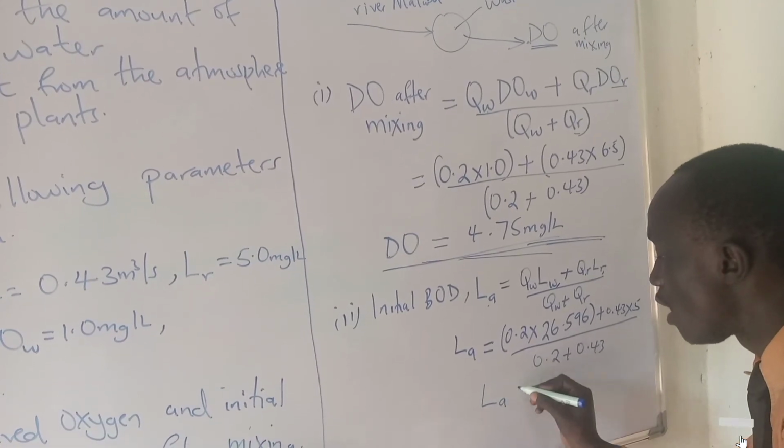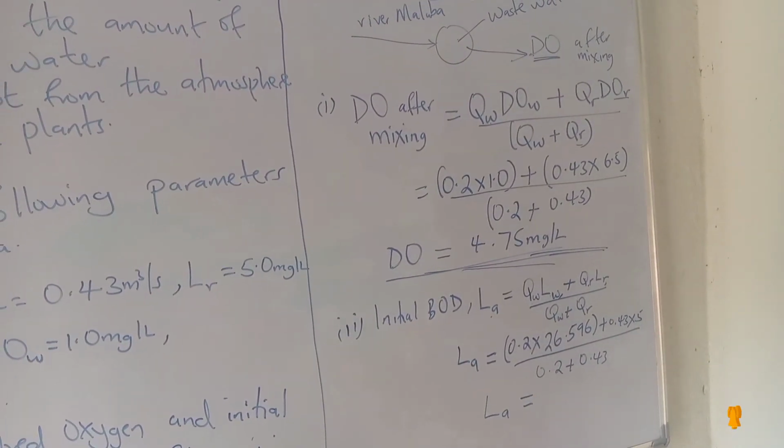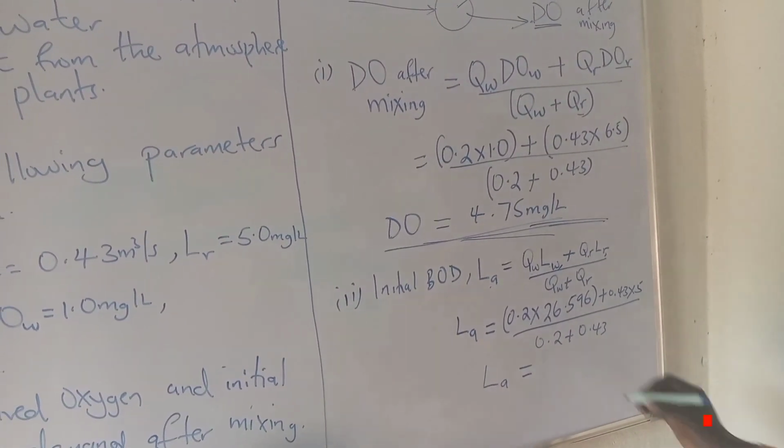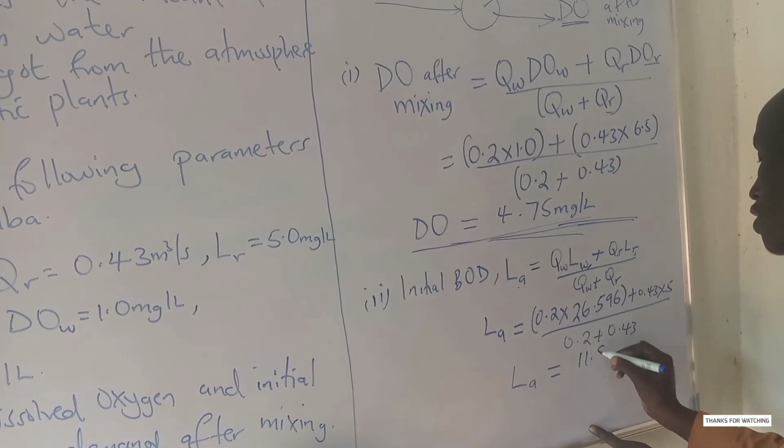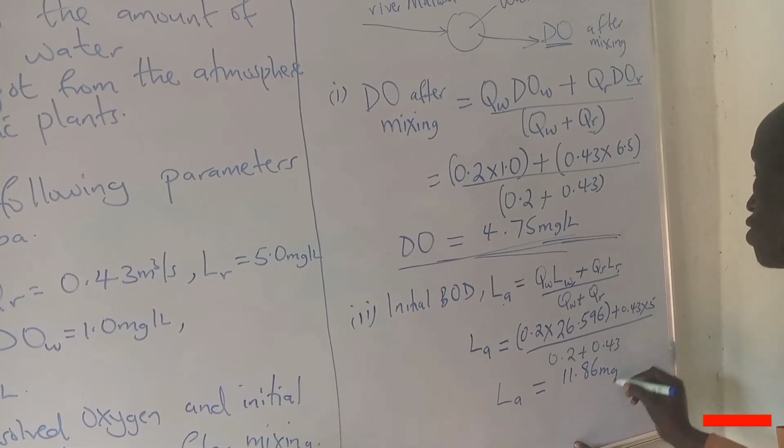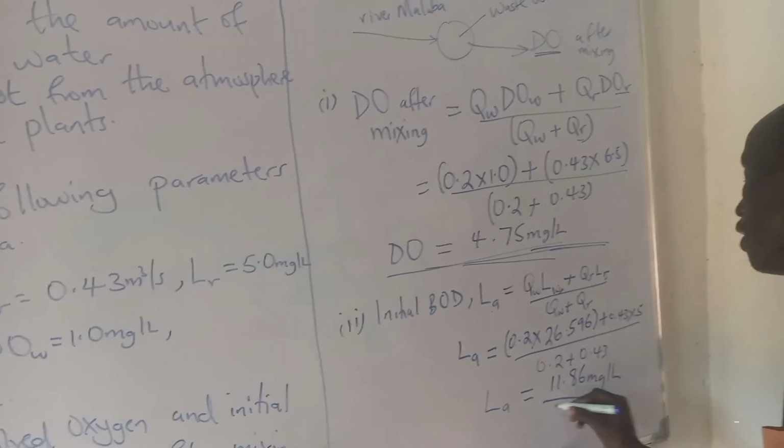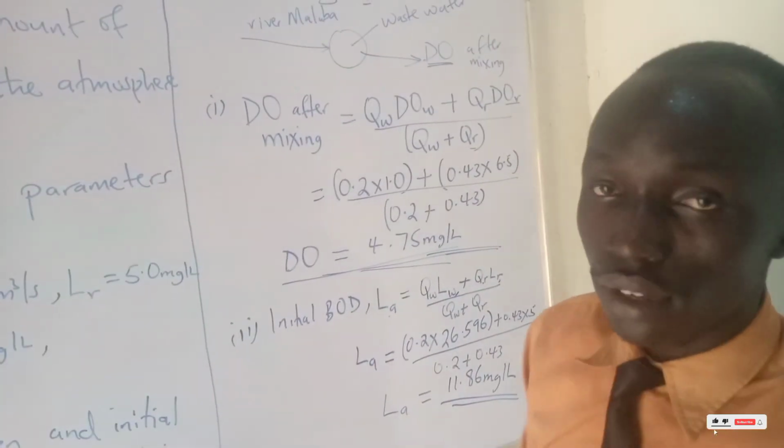On substituting and computing, our initial ultimate BOD is 11.86 milligrams per liter.